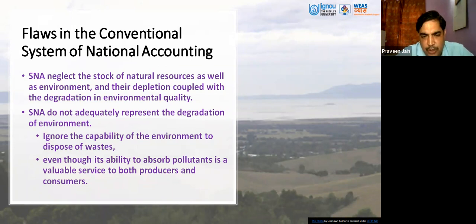If industry is causing some pollution, it also benefits from this ability of the environment to absorb the pollutant, and consumers are also benefited. In that condition, the SNA ignored that.